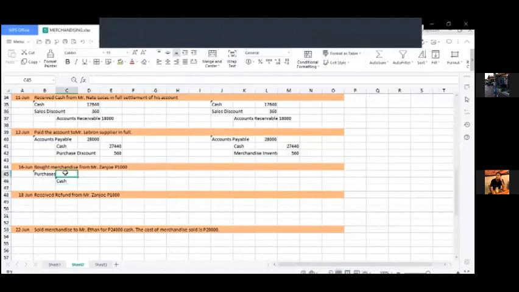So, cash yung ilalagay nating credit. Magkano? 1,000. Pagdating naman ng perpetual inventory system is papalitan natin ng purchases ng merchandise inventory. And then cash. 1,000.